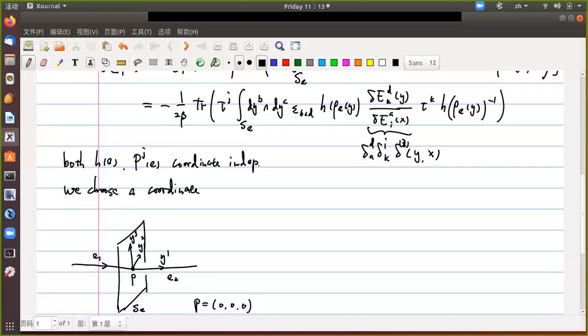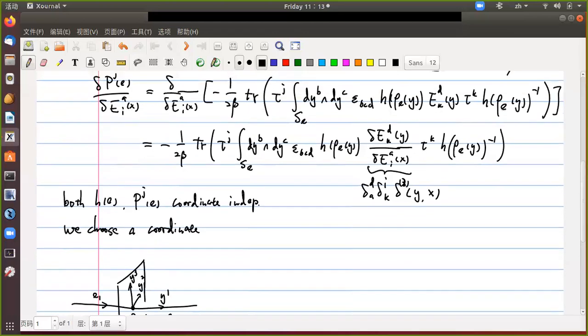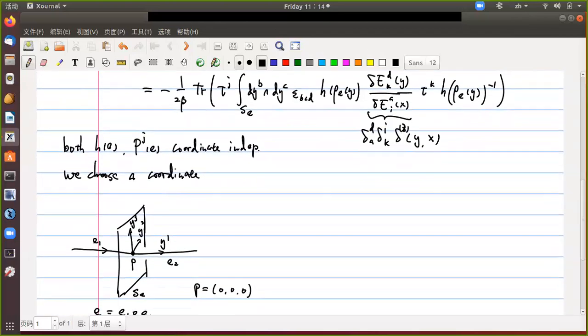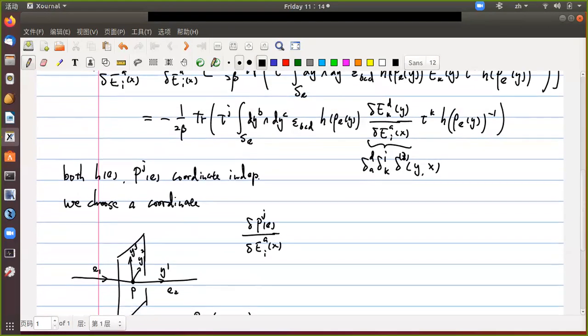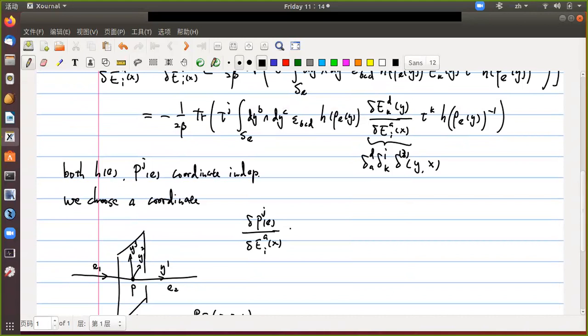All right, so now in this coordinate, we can expand everything. So we just use this result, but expressed in this new coordinate.